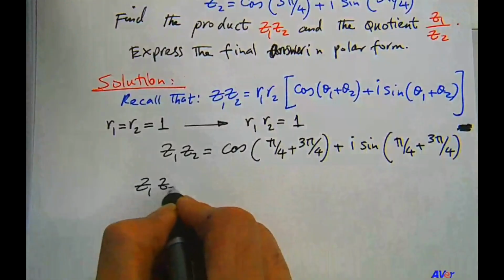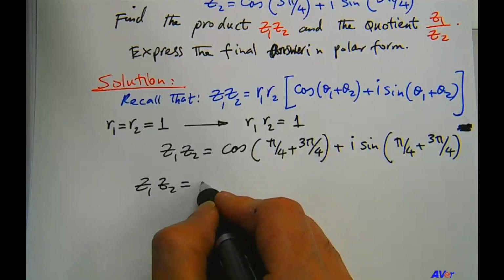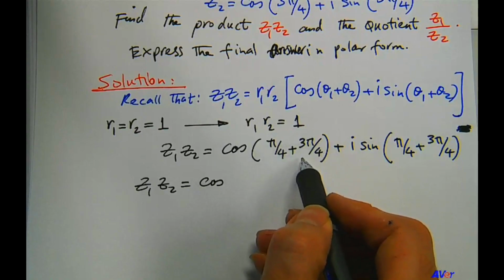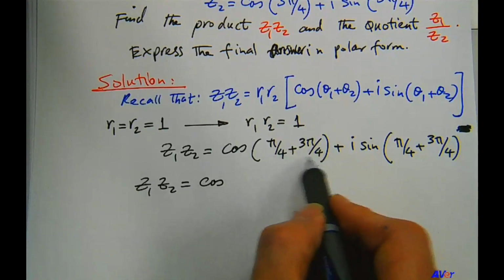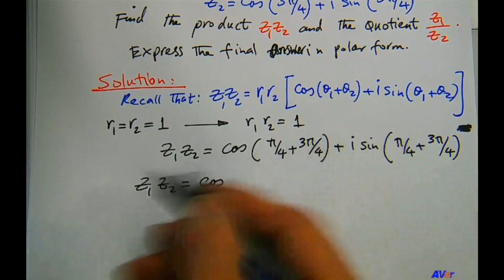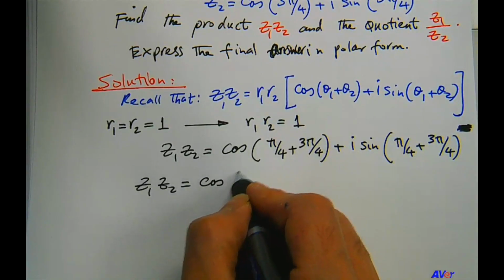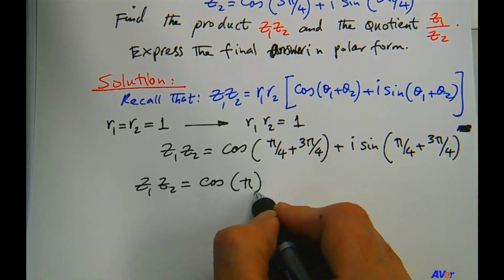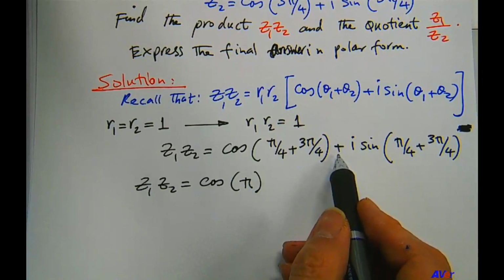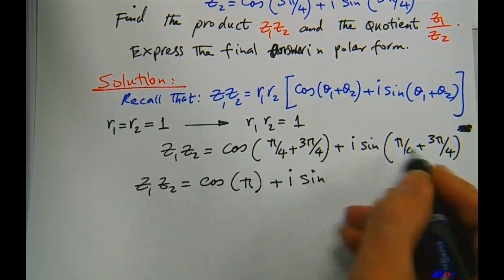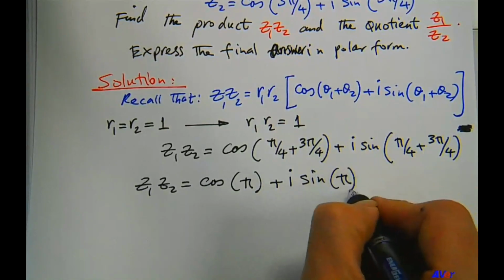All right, so we can then add these two together. Then z1 z2 equals cosine of, this would be 4 pi over 4, right? If you add these, they already have a common denominator. 4 pi over 4, and then the 4's cancel out, we end up with cosine of pi, plus I sine of the same thing, pi.